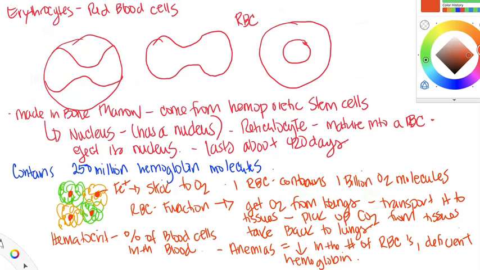So anemias can be caused by renal failure. So causes can be renal failure, because if your kidneys are failing, they're not going to be secreting EPO, which is erythropoietin, which is the hormone that stimulates the bone marrow to make red blood cells.